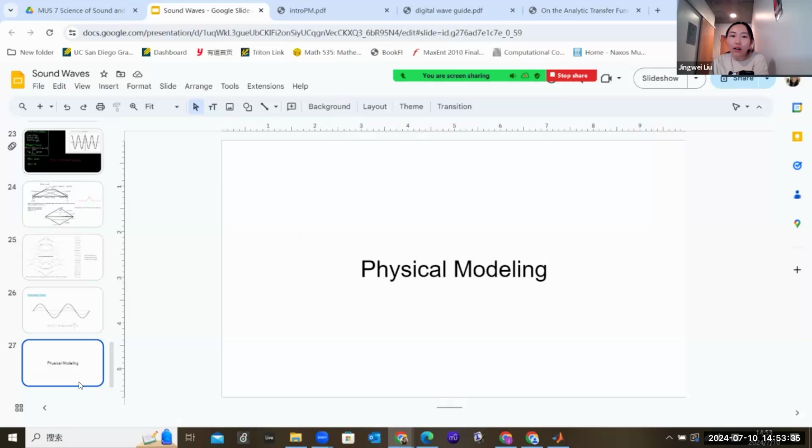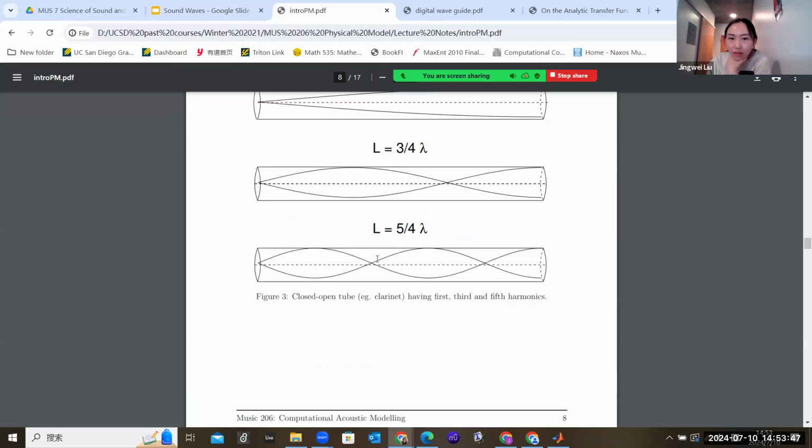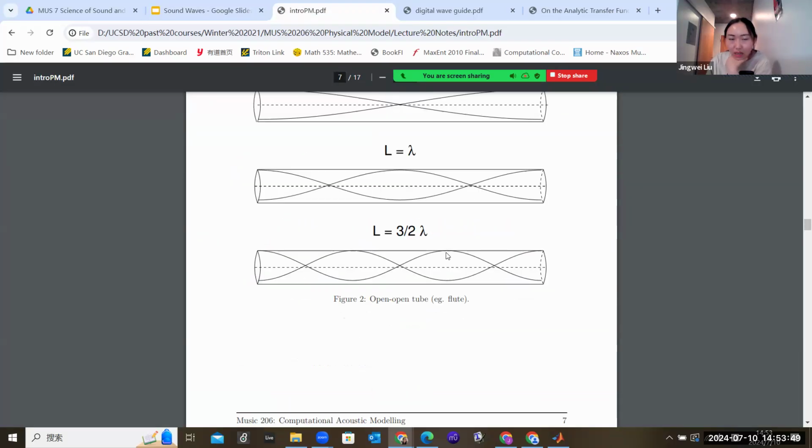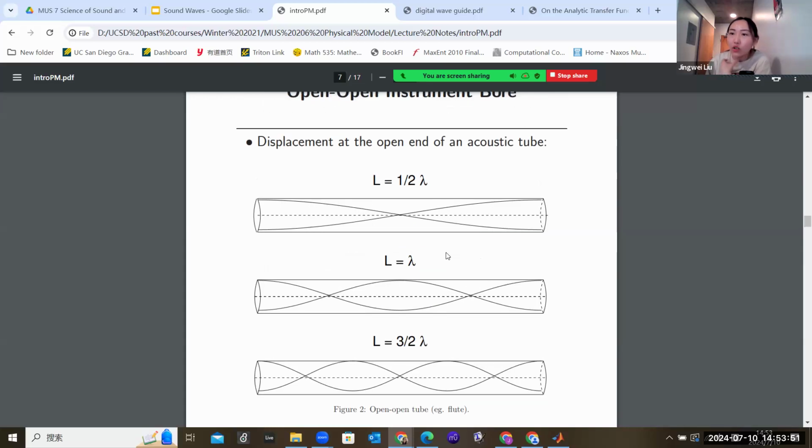So next, I want to talk about physical modeling. So let's say now we already have the knowledge of how music makes sound. Because this course is about music technology, traditionally, before the computer was invented, we had physical instruments and we played them and made music physically.